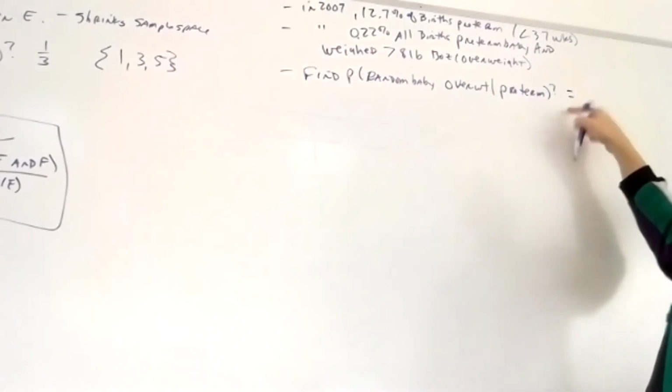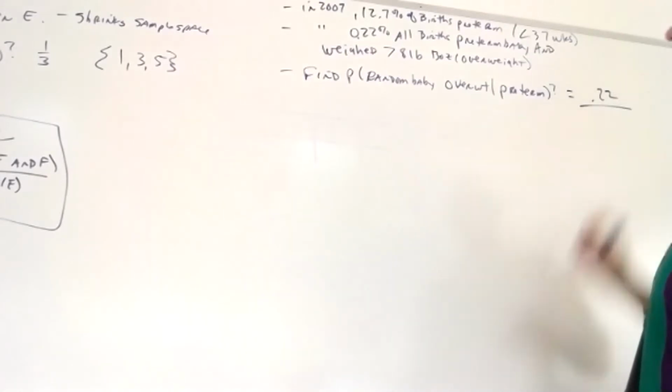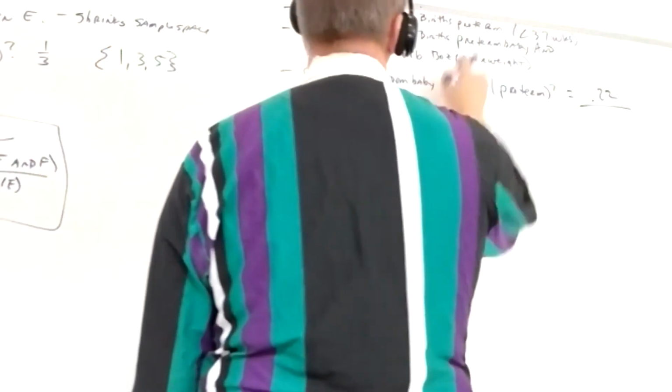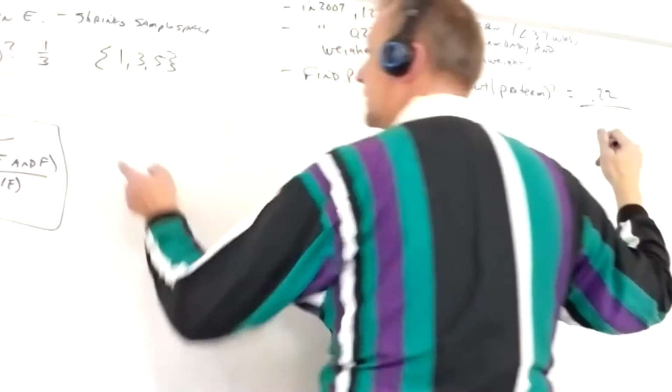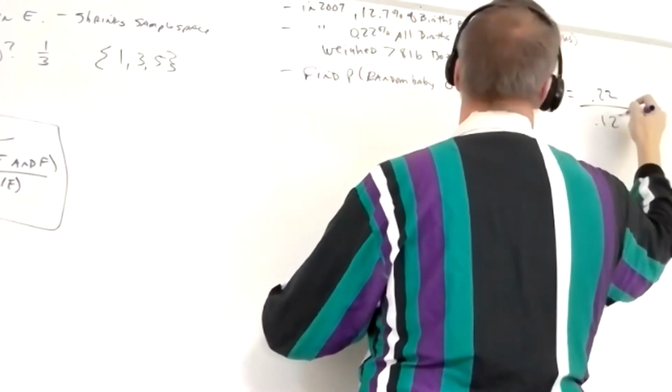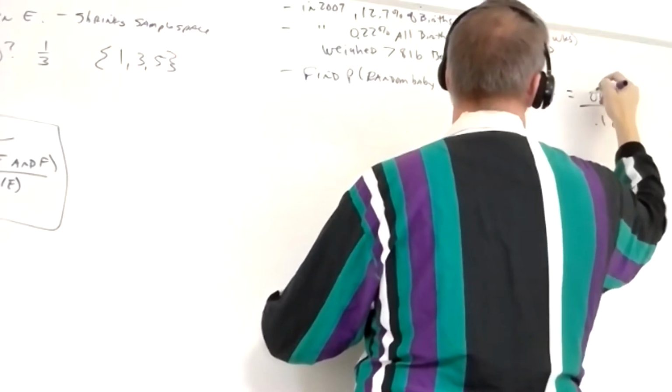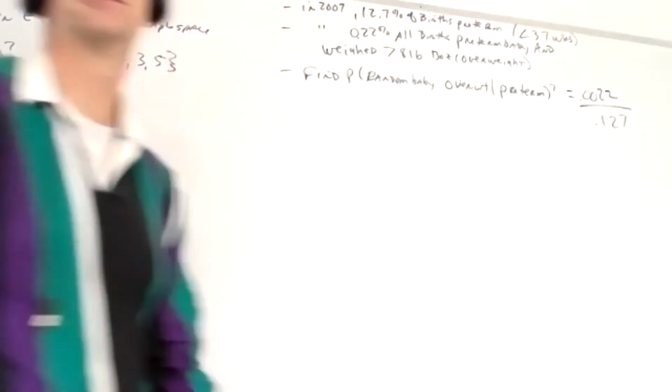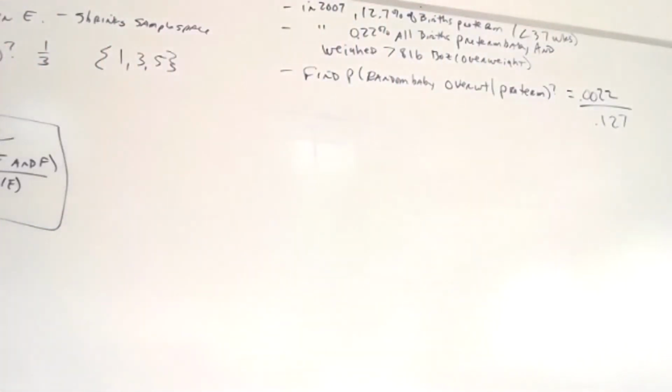So that's going to be 0.22 on the top. On the bottom, we want the probability that they're preterm, which is simply 0.127. Oh, actually, this is 0.0022. I need to convert that to a decimal. Okay, does that make sense?